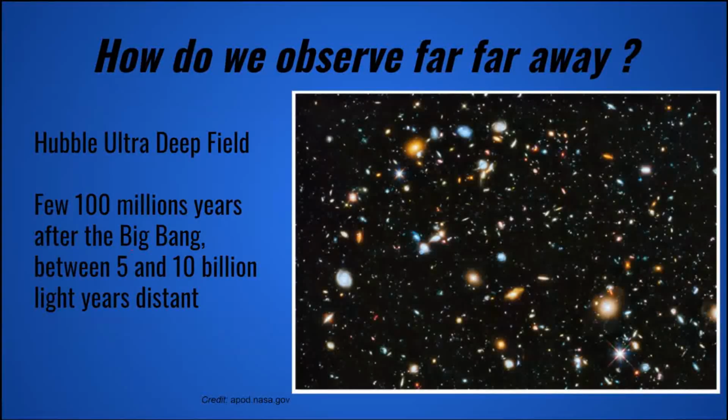For example, let's say this one is very red. Is it because it's far, or is it because the stars for some reason are just very old, but it's a nearby galaxy? If we think it's far, then we can spend time to do the spectrum. But otherwise, it's really not worth it.